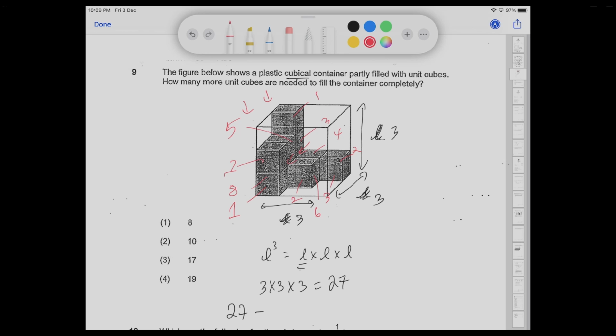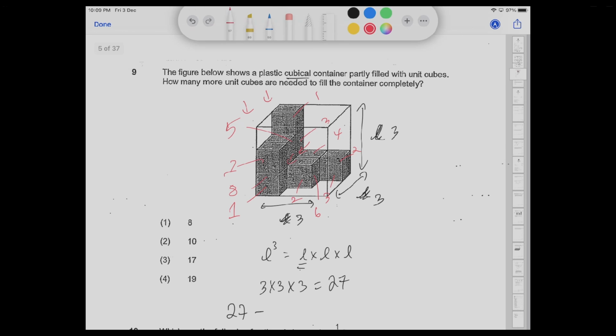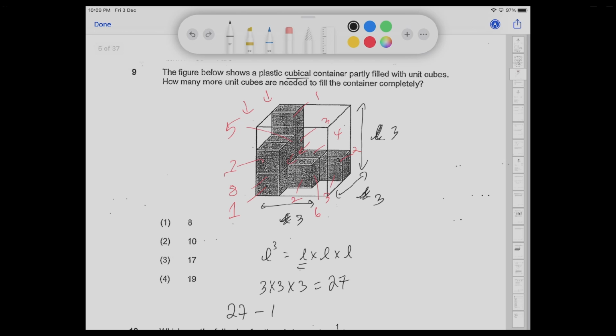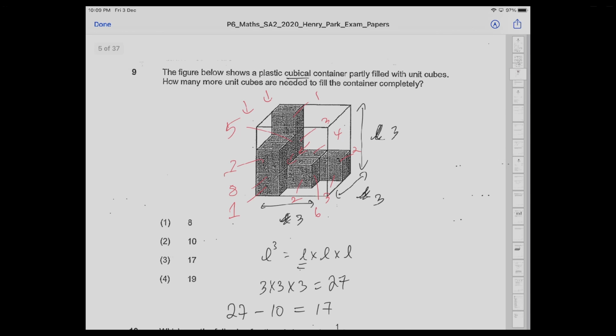So there's actually 2 more. So we have 8 plus 2, we have 10. So in this case, it will be 27 minus 10. We will need 17 more cubes to fill this whole container up. And the answer is number 3.